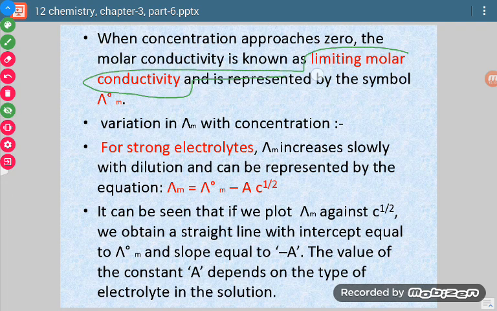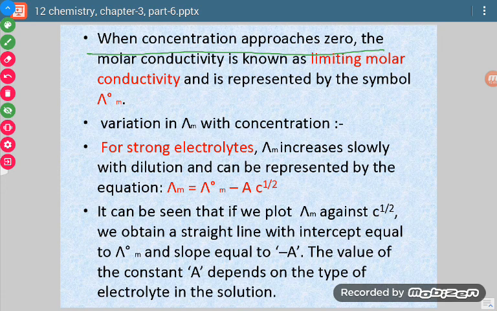This is very important, and it is symbolized by lambda m naught, or we can write it like this also, lambda m infinity. Lambda m infinity and lambda m naught are one and the same thing. Now when we are diluting a particular solution and its concentration approaches zero, what does it mean? It means at infinite dilution.